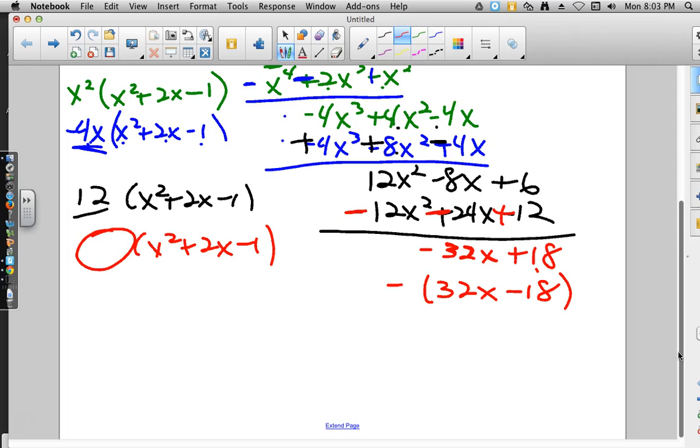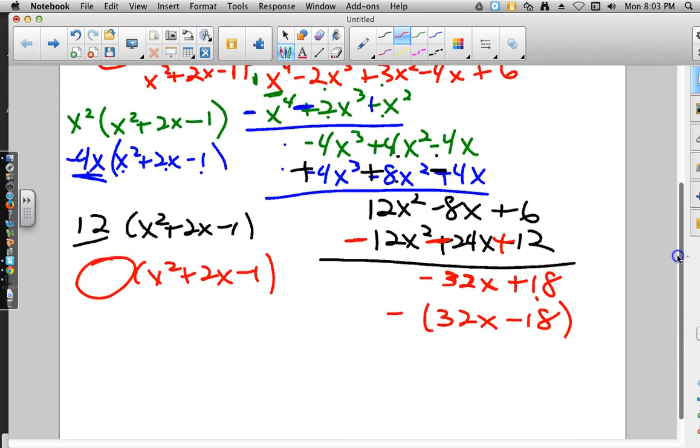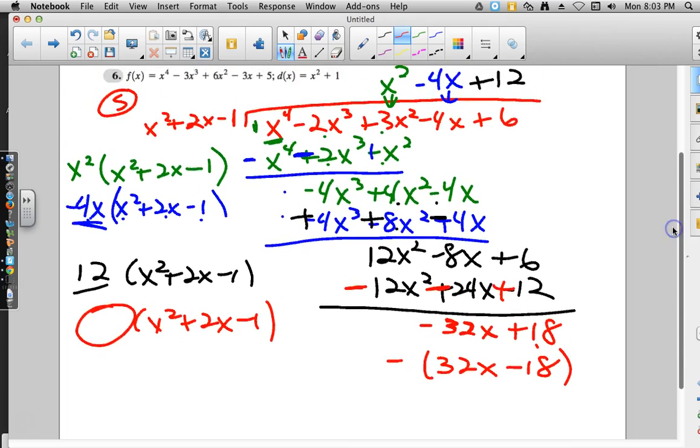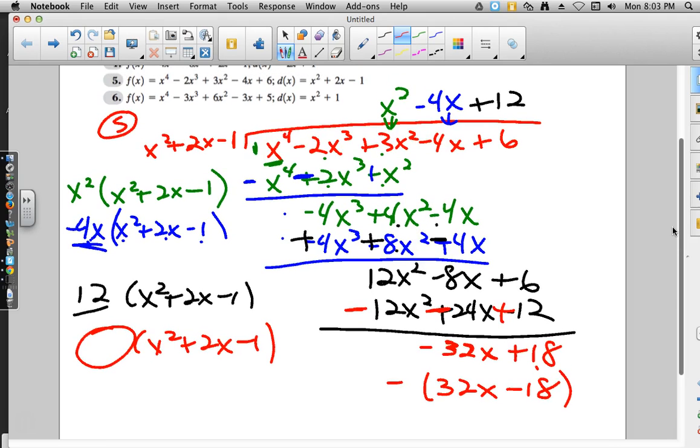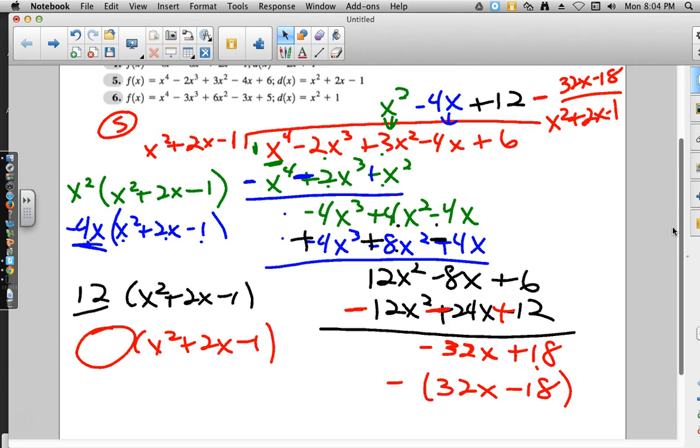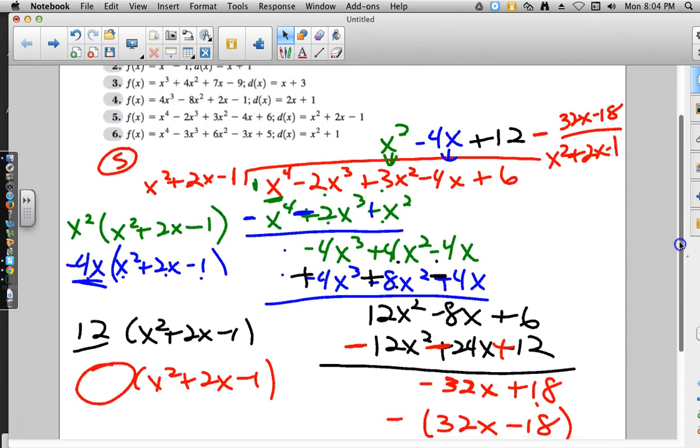If we want this to be subtraction, we could do that. And so I go back up here, and this would give me minus, and then I'll do 32x minus 18 over x squared plus 2x minus 1. So that would be when we're just writing it as division, just like we did last year. And so they're going to call that summary notation.